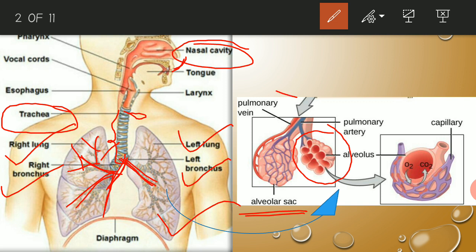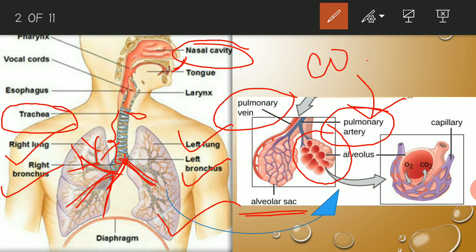Here the pulmonary vein and the pulmonary artery are involved. The pulmonary artery carries the deoxygenated or CO2-rich blood, and the pulmonary vein carries the O2 or oxygenated blood.